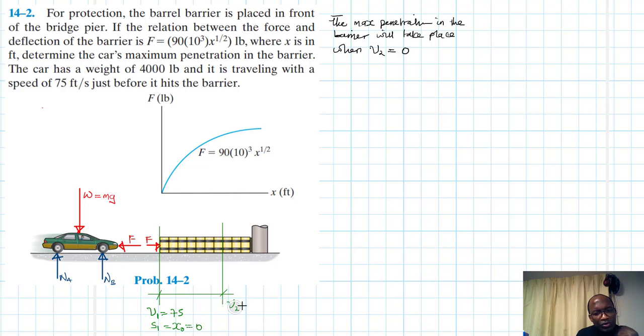Then we have V2, which is supposed to be equal to 0. By this time the barrier will have been deformed and the car will have come to a stop, and the question is to determine the length of deformation, or the depth of deformation. So S2 is just equal to X, right?